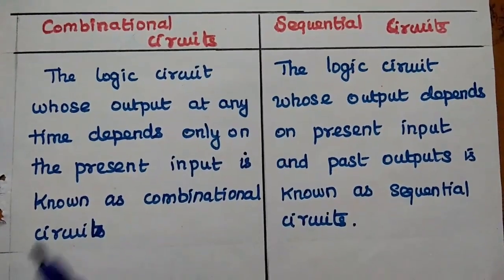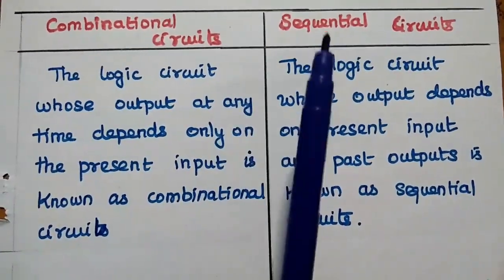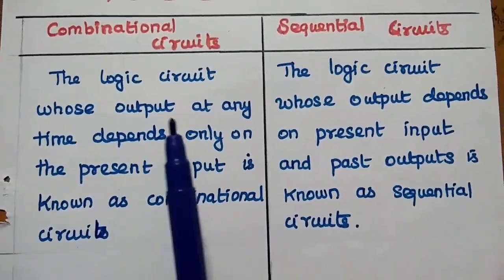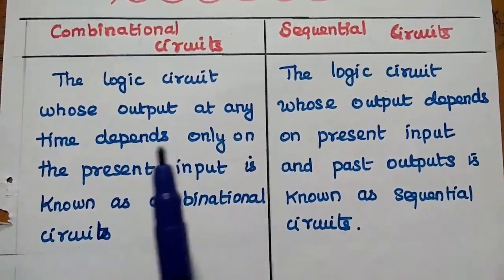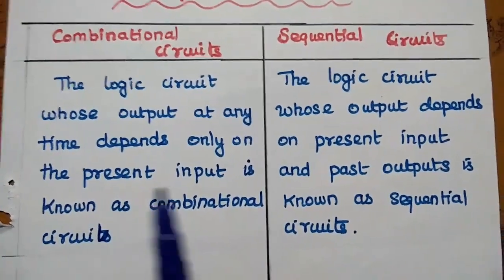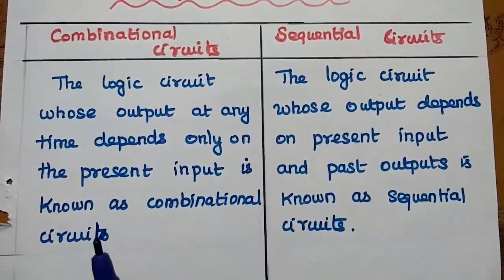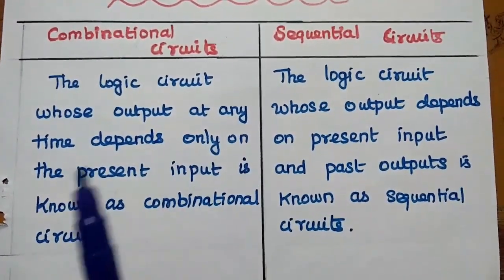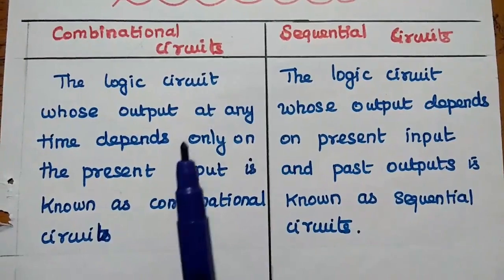Let's start with the definition of combinational circuits and sequential circuits. The logic circuit whose output at any time depends only on the present input is known as combinational circuits. So in combinational circuits, the output depends only on the present input.